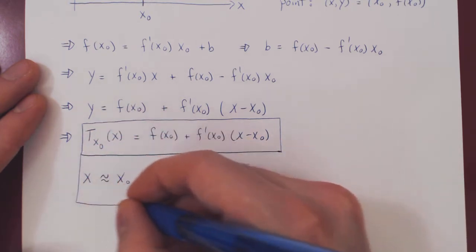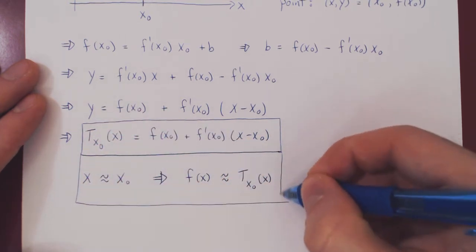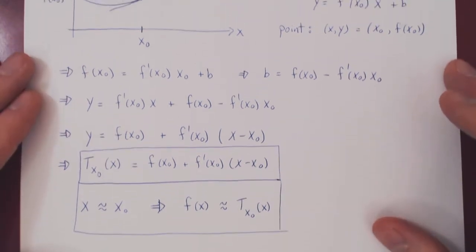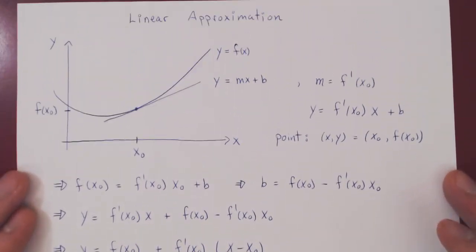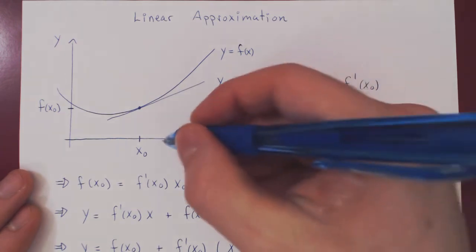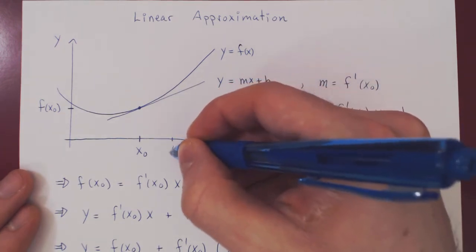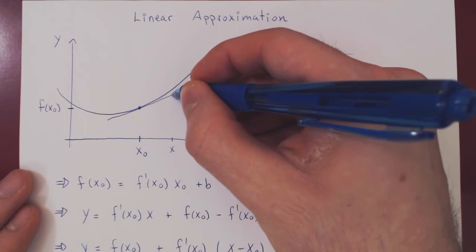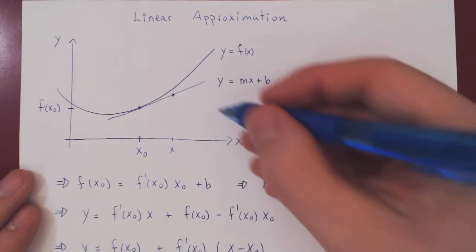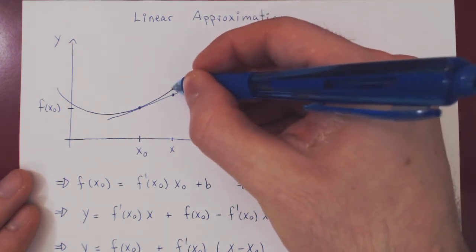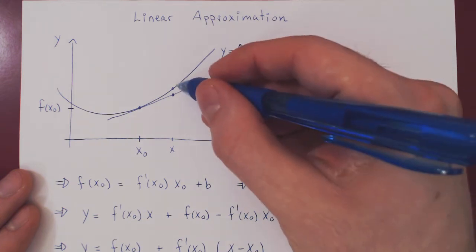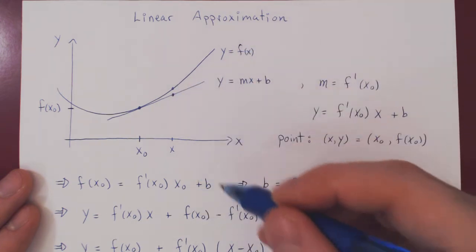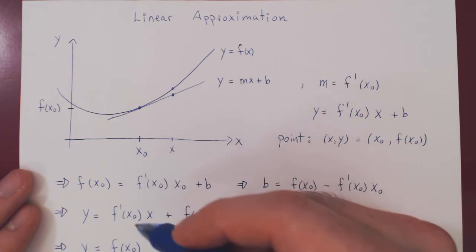And this is what linear approximation is. And again, from the picture, it's very clear. Take any value x close to x0, look at the y value on the tangent line, look at the y value on the original function, and both of these will be very close to each other as long as x is fairly close to x0.